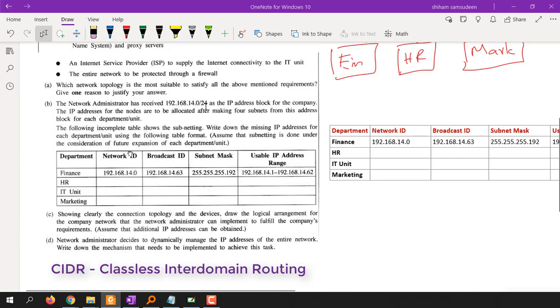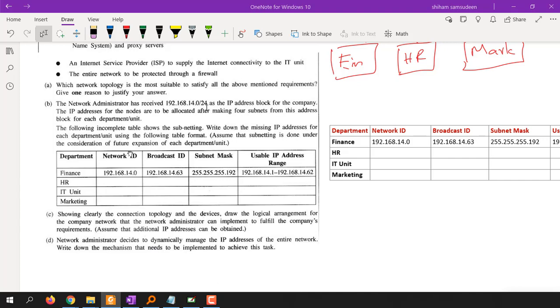And what this /24 tells is, for this IP address, the network bits are 24, and the remaining 8 bits out of the total 32 bits are for the host, right? So we have network in 24 bits and host in 8 bits as the IP address block for the company.